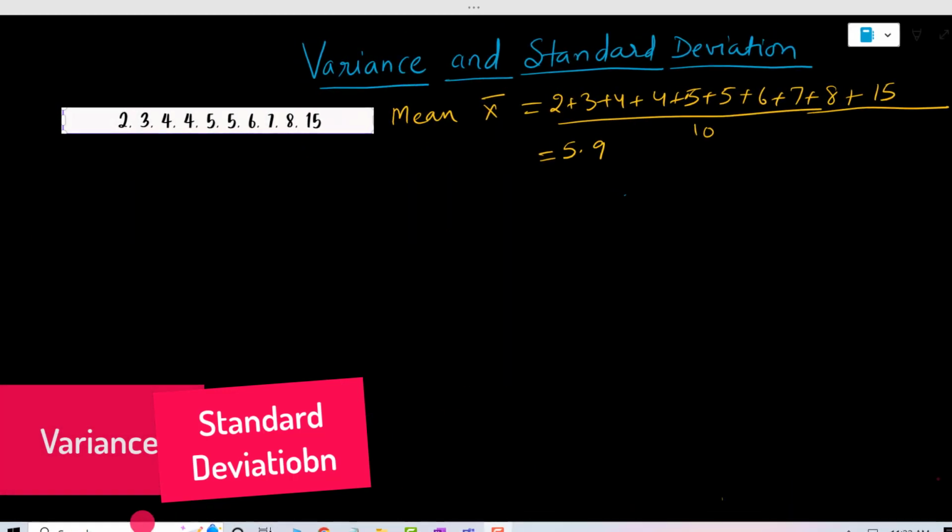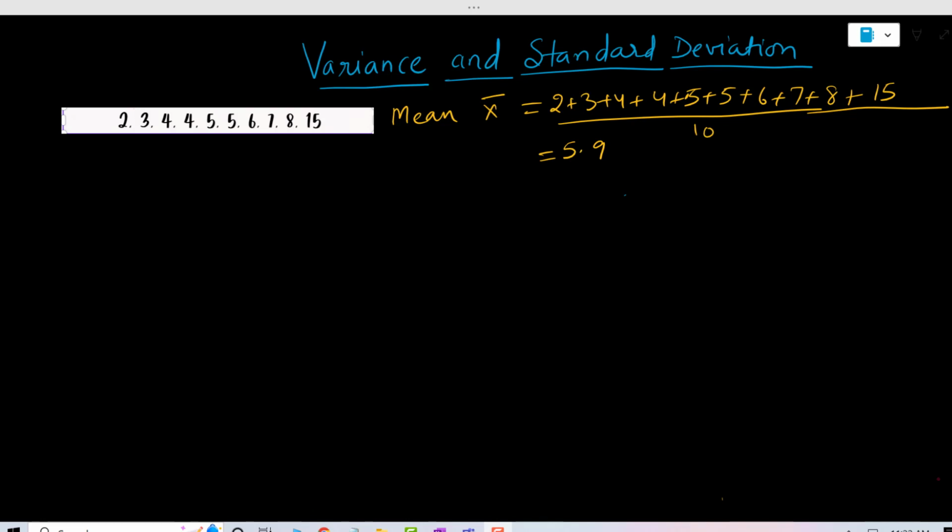We learned about two measures of dispersion, IQR and range, with the help of which we were able to make out how spread out our data set is. Now, with the help of variance and standard deviation, we will identify how close each data point is to the central value, and we know that the central value of a data set is mean. What we'll be doing is deriving the average distance of each point from the mean.